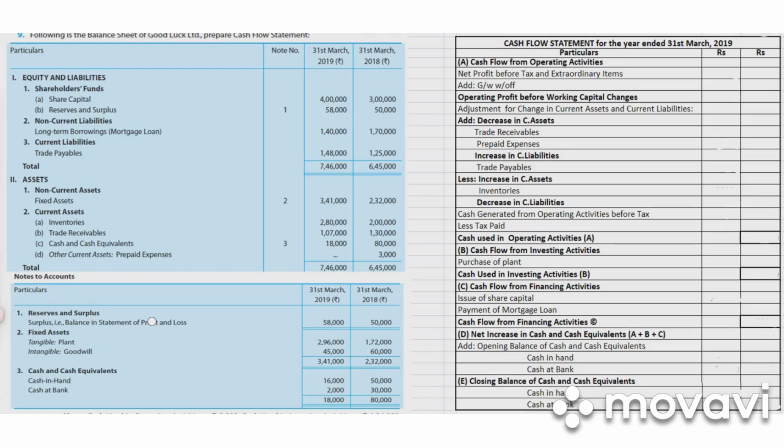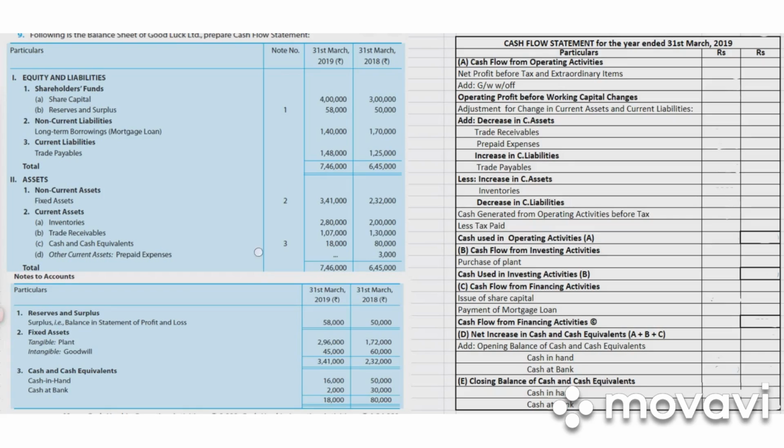Under reserves and surplus only net profit is there. There is no general reserve. If a general reserve is there, we have to adjust that with the net profit, and only after the adjustment take the figure here.